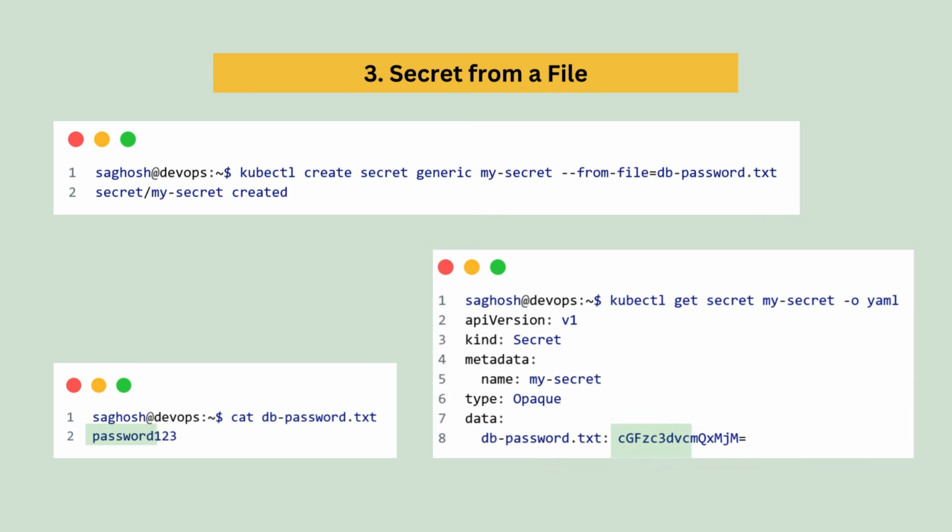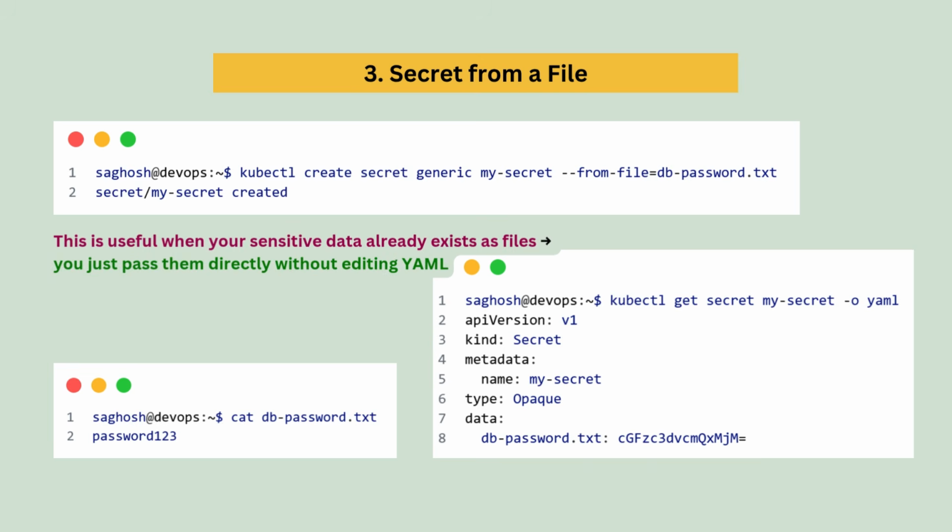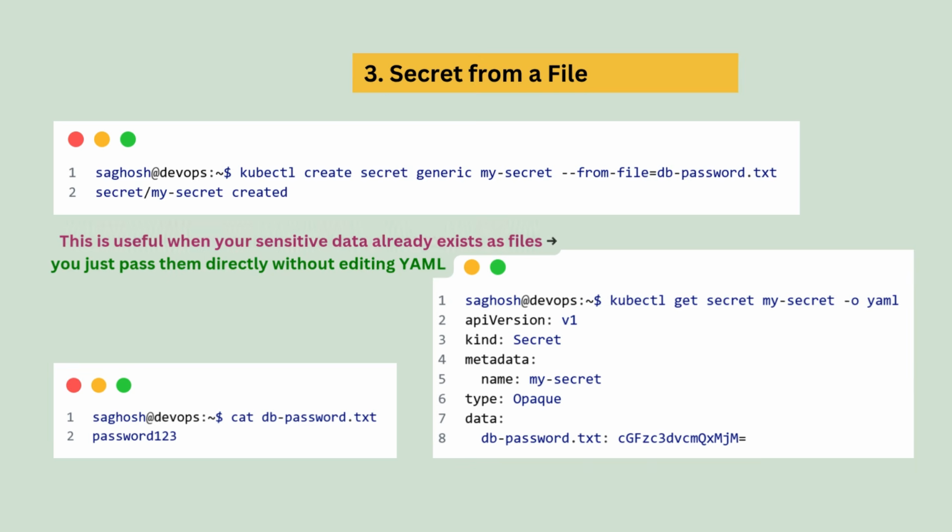And the file content becomes the value, and Kubernetes base64 encodes it automatically. So if dbpassword.txt contains your password, the secret YAML would end up with something like this. This is useful when your sensitive data already exists as files. You just pass them directly without editing the YAML.